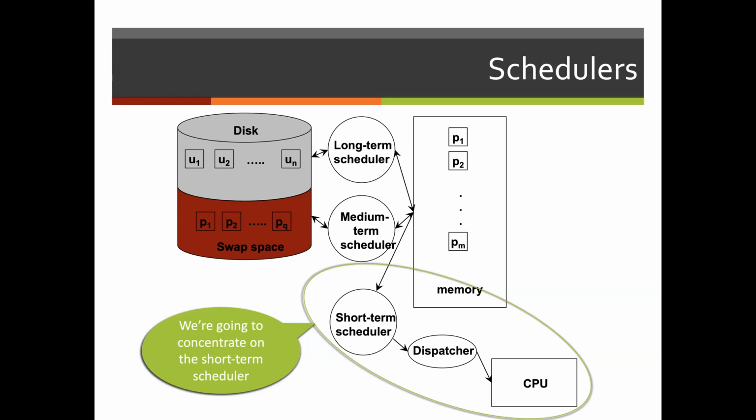You'll have also a medium-term scheduler. Most operating systems have medium-term schedulers, and these are used in order to help provide for a mixture of appropriate processes in memory, and it can help to avoid thrashing or any type of overutilization of resources. We'll have also short-term schedulers as well, and that will be the primary focus of what we're going to be working with for the next couple of lessons.